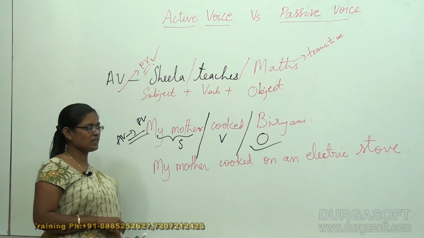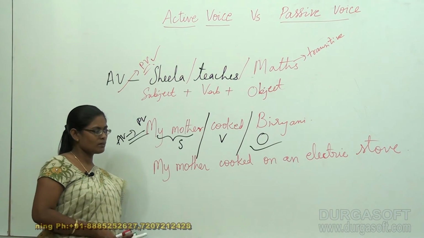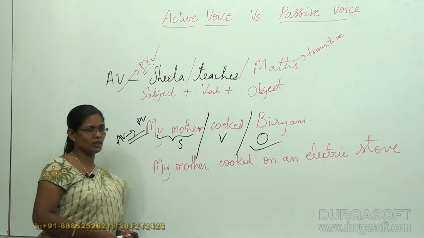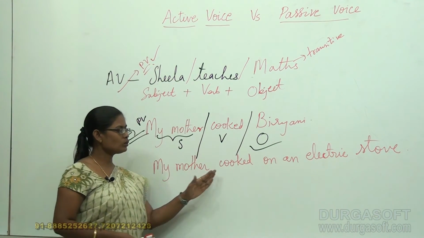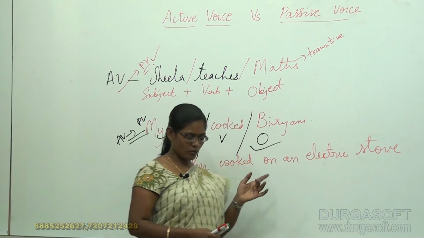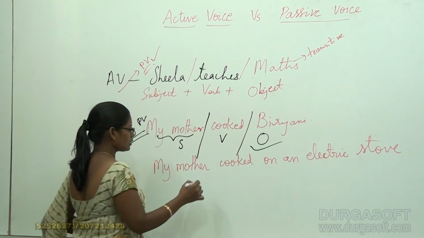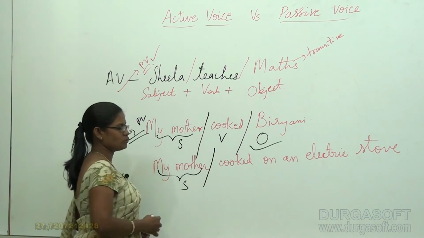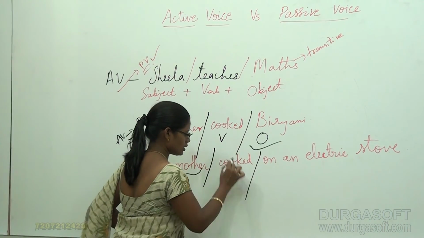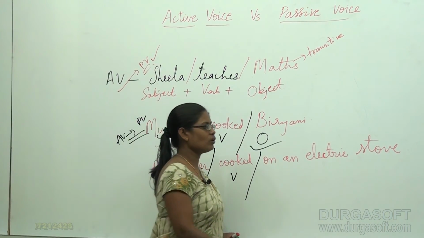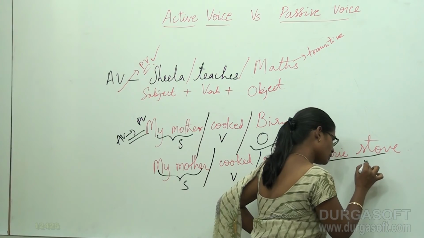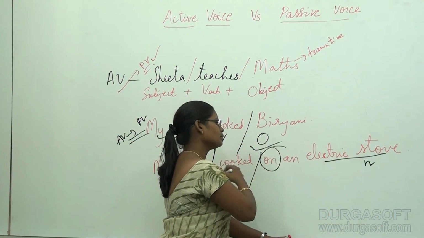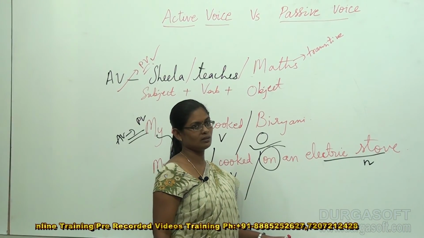See, I didn't specify what my mother had cooked, but I specified only the source of cooking. When you split this sentence, how is the structure going to form? My mother is the subject, cooked is the verb. Of course, electric stove is a noun, I understand, but before the noun there is something taking place, that is a preposition.